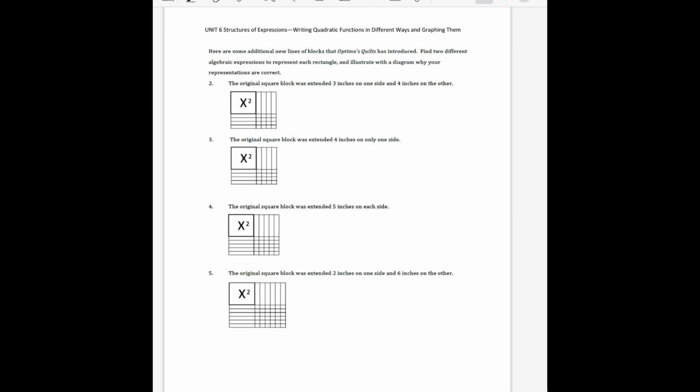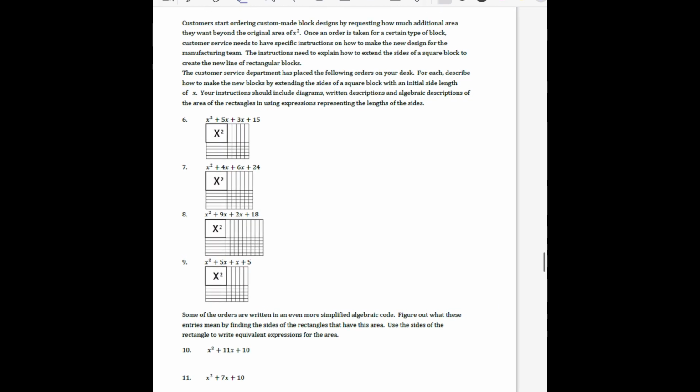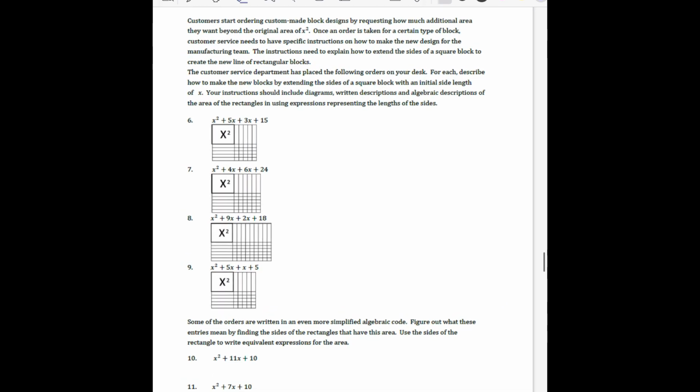Hopefully you guys were able to figure out what I was trying to get at there. If it was extended 3 inches, that's like saying x plus 3. If it was extended 4 inches, that would be x plus 4, etc. Now we're going to go into this part. This says that customers start ordering custom-made block designs by requesting how much additional area they want beyond the original area.